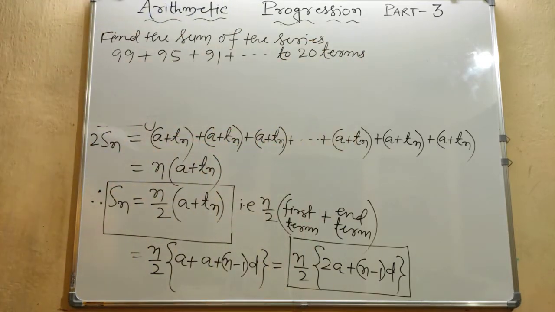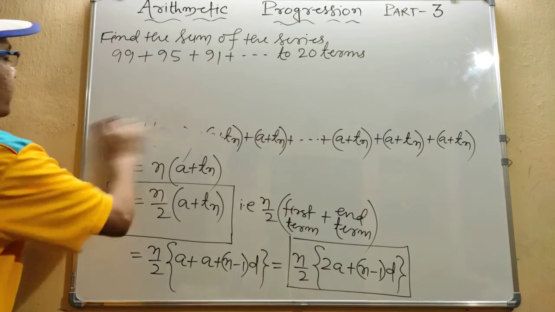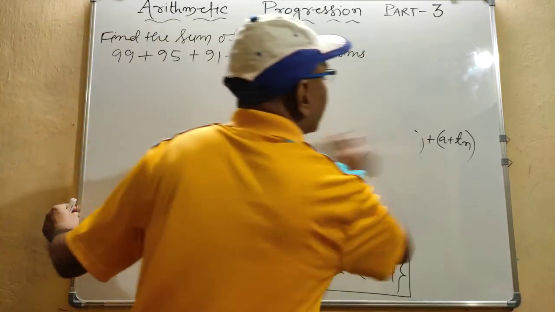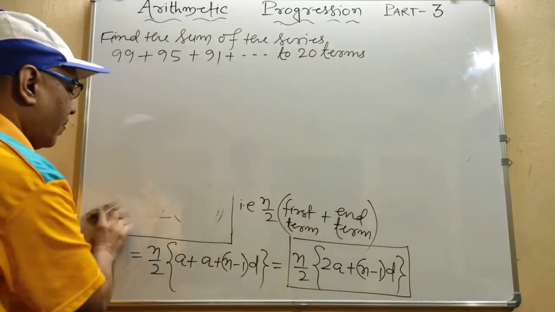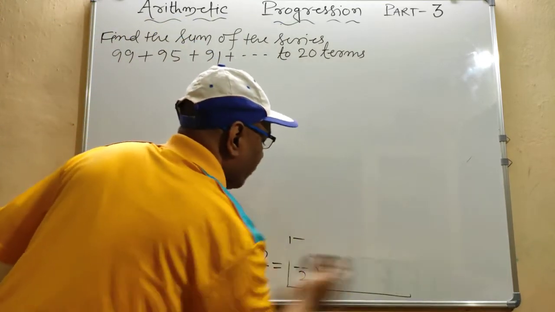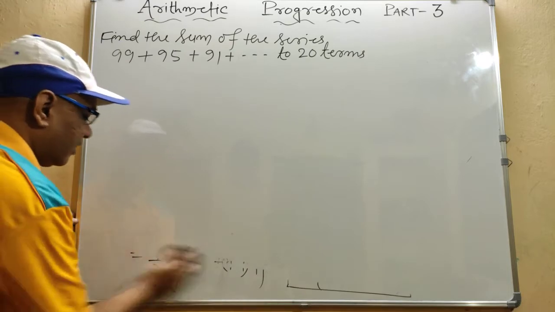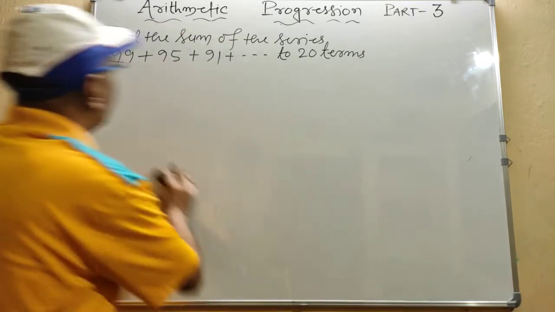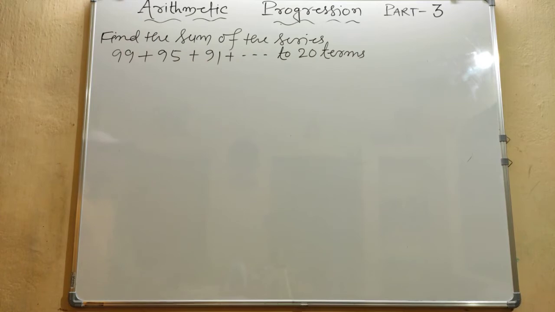This you have to find. Find the sum of the series 99, 95, 91 up to the 20th term. ये sum आपको निकालना है.